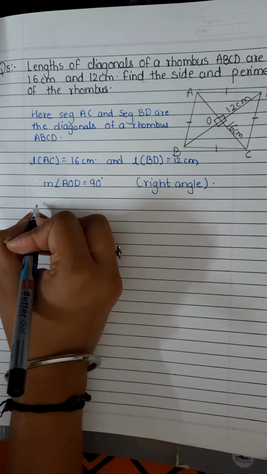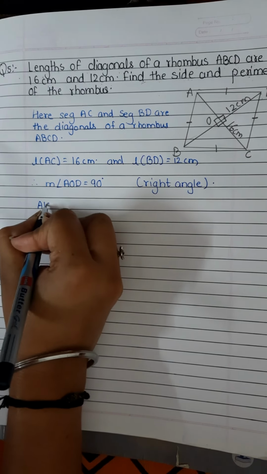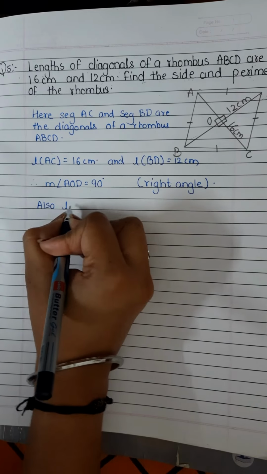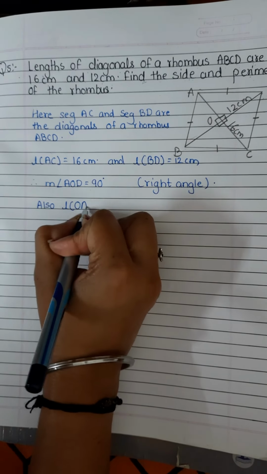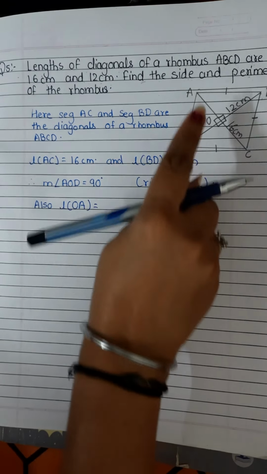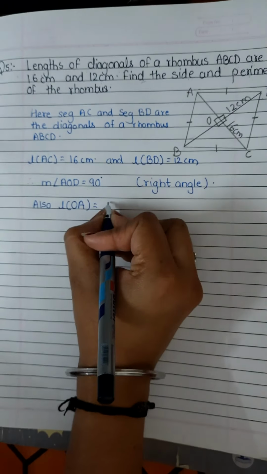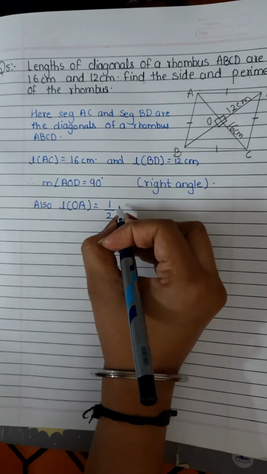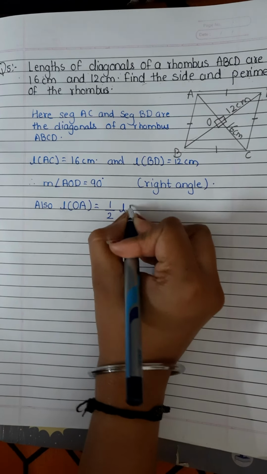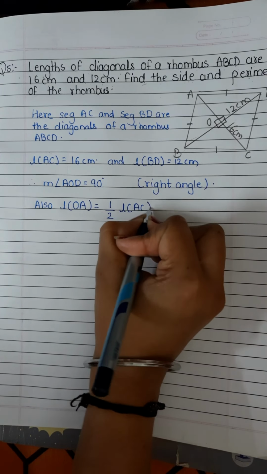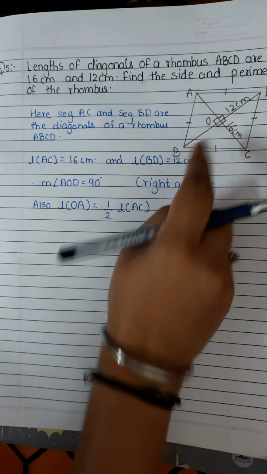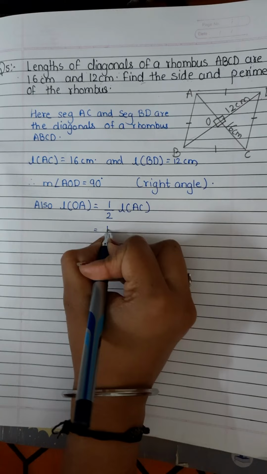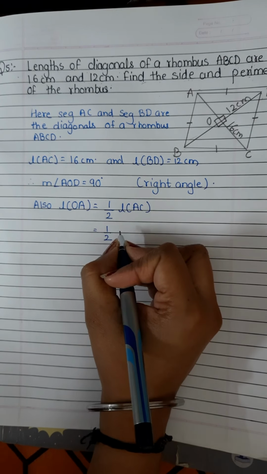Length of AO is half of AC. So length of AO is equal to 8 cm, half of 16, that is 8.